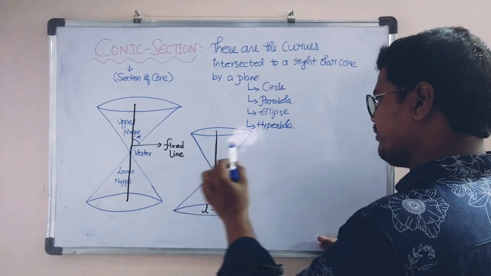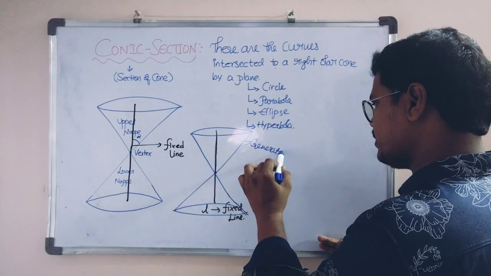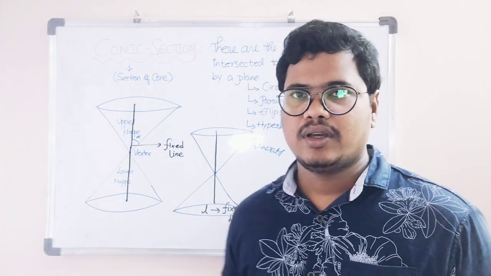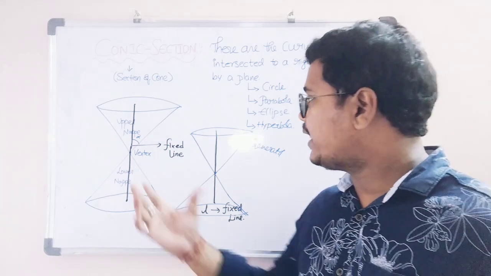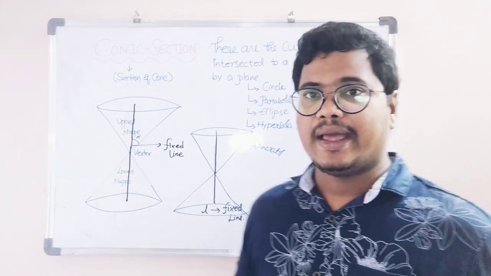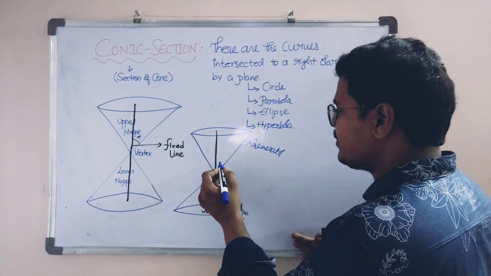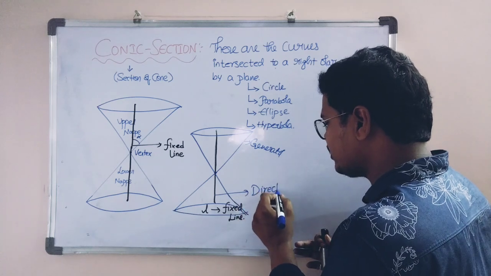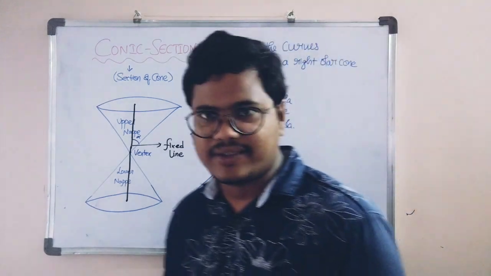The line that revolves, we call the generator. The fixed line is here called the directrix. Is it clear, guys?